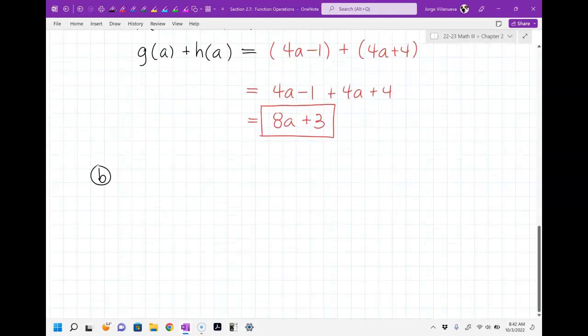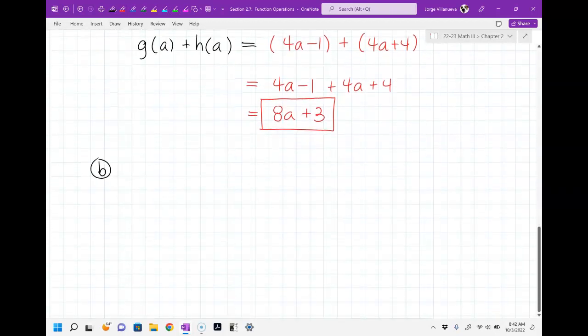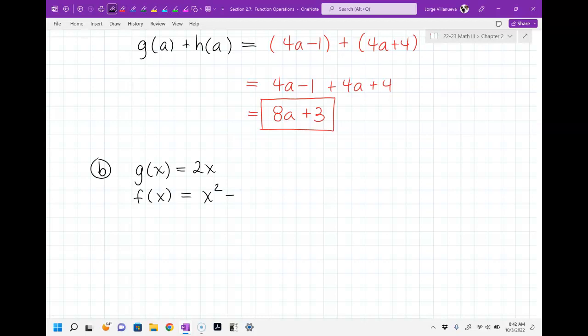Okay? So part B, let's do, they're going to give us g of x, which is 2x, f of x, which is x squared minus 5. And they want us to find g minus f of x.